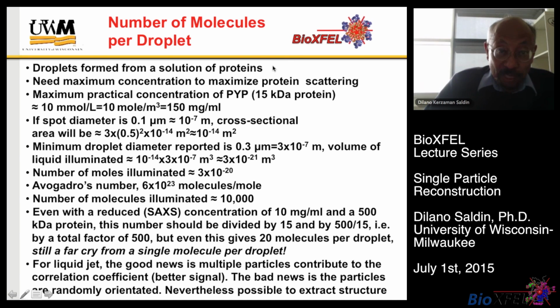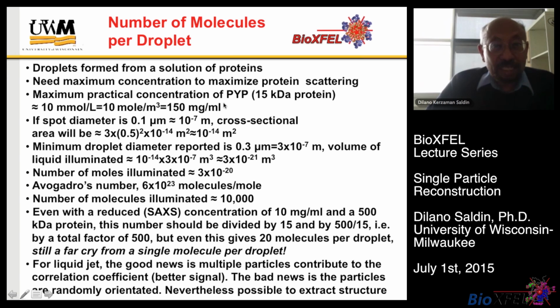So if you form a droplet from a solution of proteins, and let's take PYP, the well-known photoactive yellow protein, what we want to do is to maximize the concentration, to maximize protein scattering as opposed to scattering from the buffer or the water.